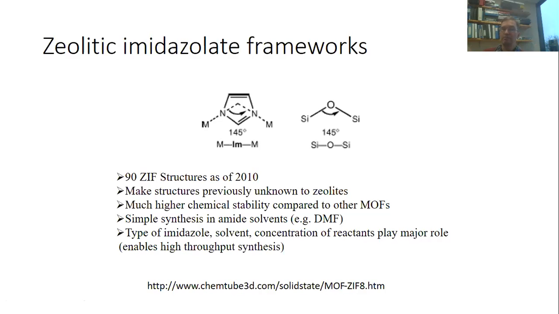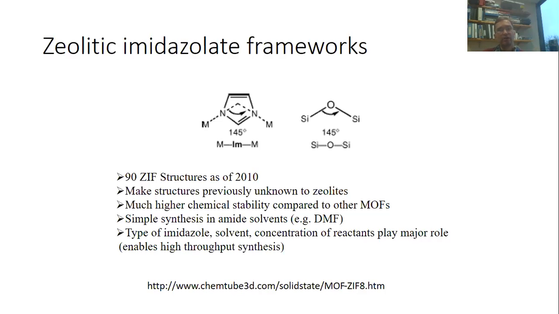If we let these materials just sit in air, then in the presence of moisture, water can actually replace the carboxylate anions as coordination sites. And that means that your metal organic framework essentially hydrolyzes, and then the structure collapses.